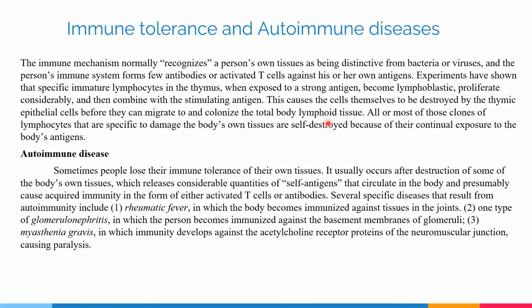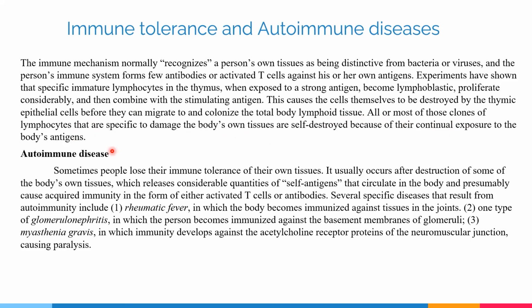But while it is still present inside the thymus or the bone marrow, the thymic epithelial cells start destroying these self-activating T cells, and thus prevent these T cells from getting into our bloodstream and attacking our own antigens, and thus they play a role in immune tolerance. All or most of these clones of the lymphocytes that are specific to the body's own tissues are self-destroyed because of their continual exposure to body antigens.